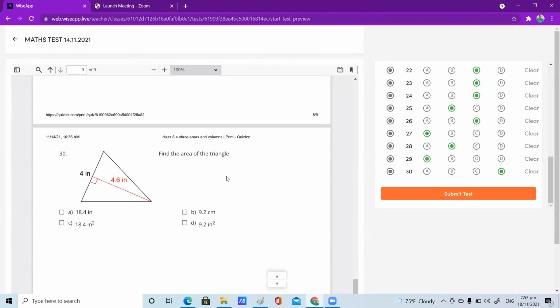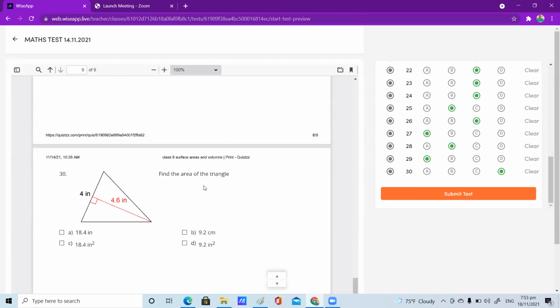Next, half base into height. Half of 4 is 2. 2 times 4.6 is 9.2. 9.2 in square, right? There are two 9.2, but area is 9.2 in square, right?